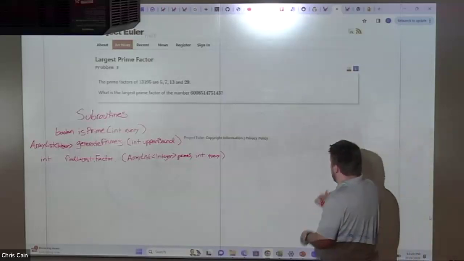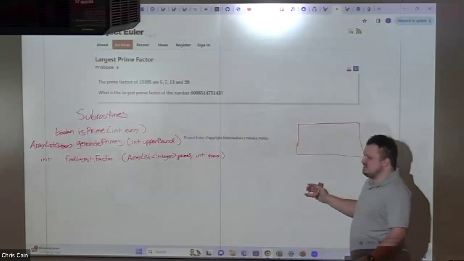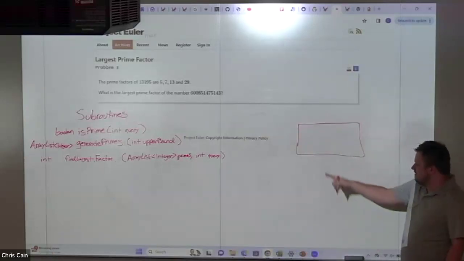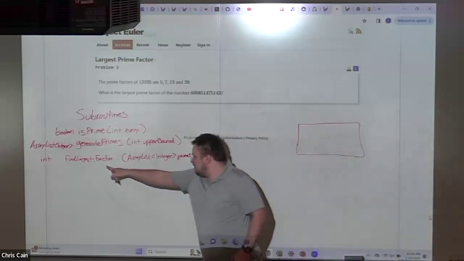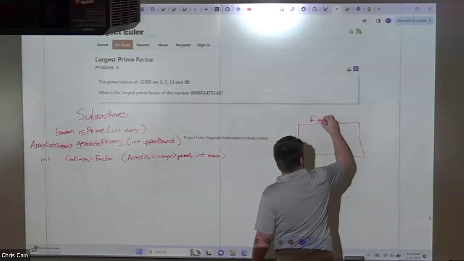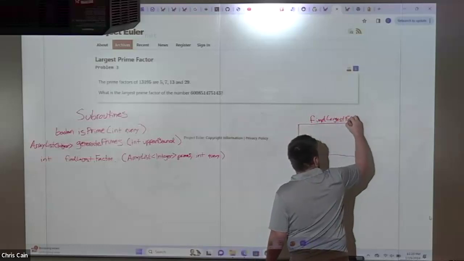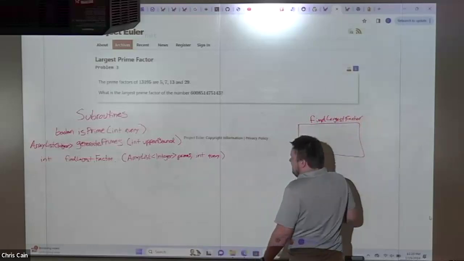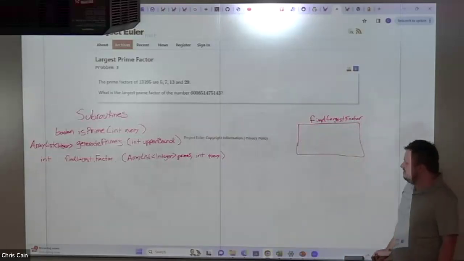So I like to think about a program as a big box. What is the most outer problem? Well, it's kind of find the largest factor, right? Once we find the largest factor, we're done. So if we could answer this problem, we'd have our answer. So outside is going to be find largest factor. To be able to answer that question, we need to do some work inside of it.